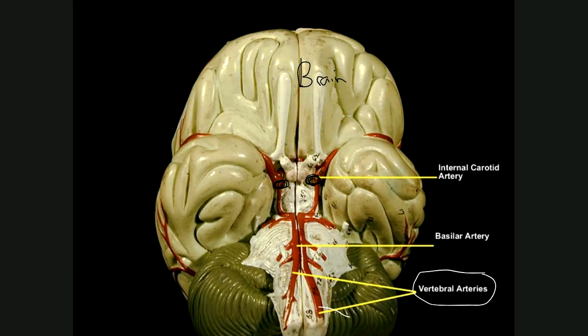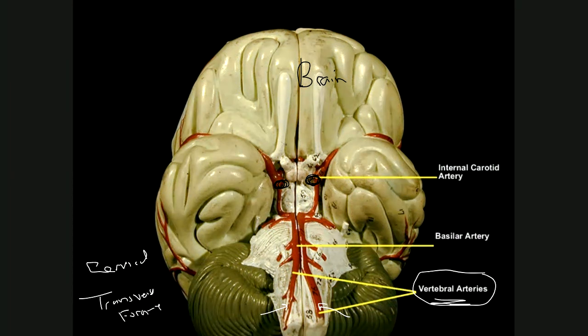And if you remember the vertebrae, the cervical vertebrae have holes in them. Remember, they were called transverse foramen. Everybody remember that from A&P1? Well, what runs through those transverse foramen are these vertebral arteries.